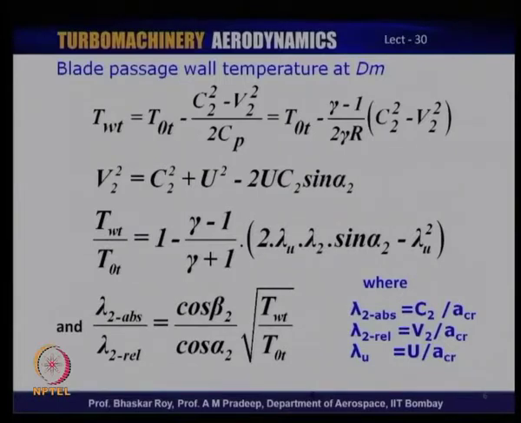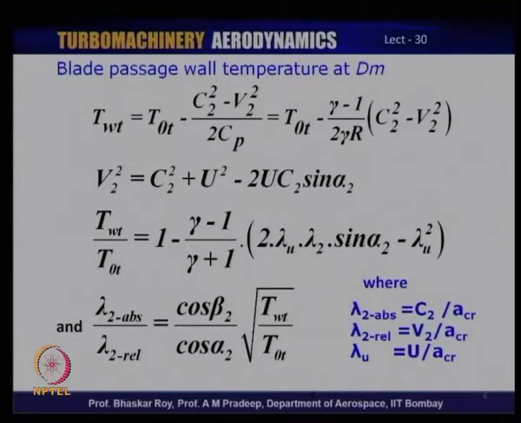Now, we are using the total temperature at the throat of the stator nozzle, because that is where the flow essentially goes sonic. This again requires a little redefinition of lambda, where lambda 2 absolute is C2 divided by a critical 2, and lambda 2 relative is V2 divided by a critical 2, and lambda u, which is a Mach number type of normalized blade velocity, is u by a critical.